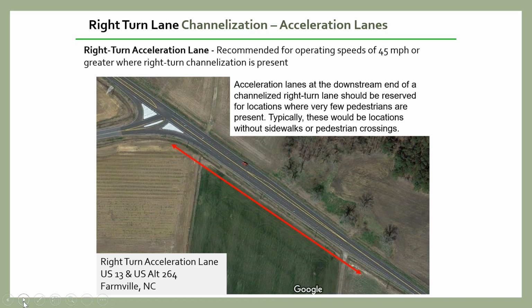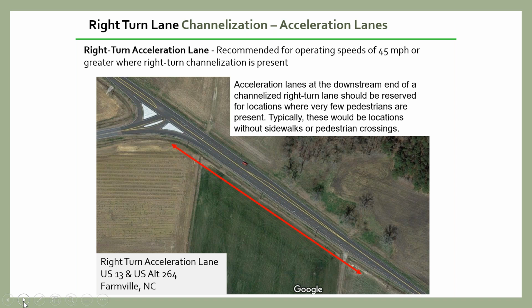One last thing with right turn acceleration lanes: there is something in the handbook that talks about providing an acceleration lane, and this is going to be for a rural condition, an area where we don't have pedestrian activity, or at least not a lot. The notion here is that at a skewed intersection where we have higher operating speeds and maybe difficulty in judging gaps in oncoming traffic, it makes it easier to have that right turn come into an acceleration lane.